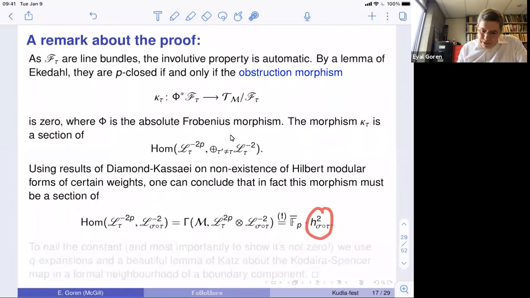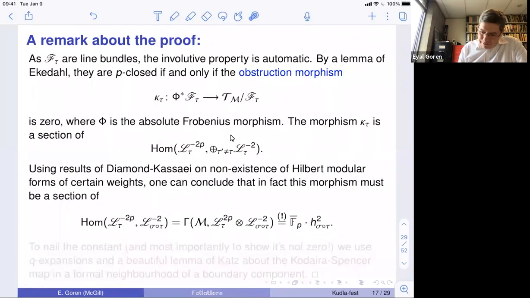Using their result, they proved a certain non-existence of Hilbert modular forms of certain weights, a result that was conjectured by Andreatta and myself, and they actually proved a stronger statement. And using the result, we could determine that the obstruction lies exactly here, not just in here. And in fact, it has no choice but to be a scalar multiple of this partial Hasse invariant.